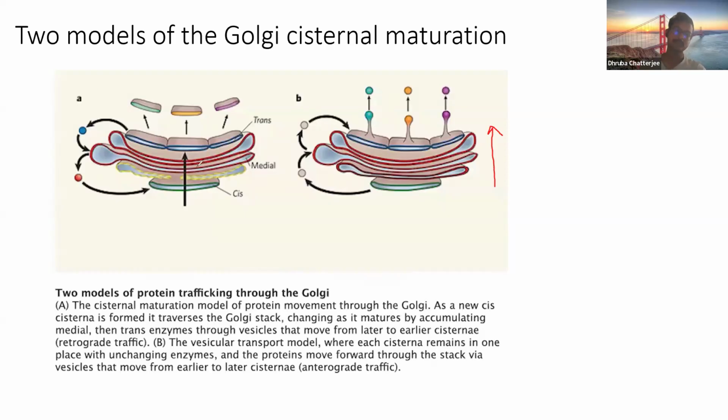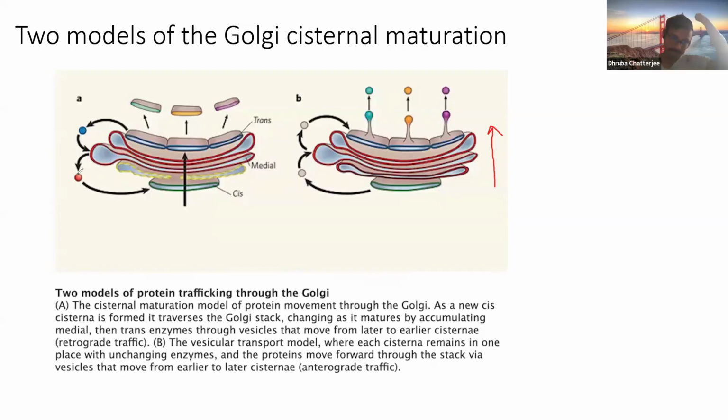In the other model, what is being proposed is that cis Golgi cisternae are continuously being formed because of fusion of vesicles that are budding out from the endoplasmic reticulum. So that's how new cis Golgi cisternae are always getting formed.